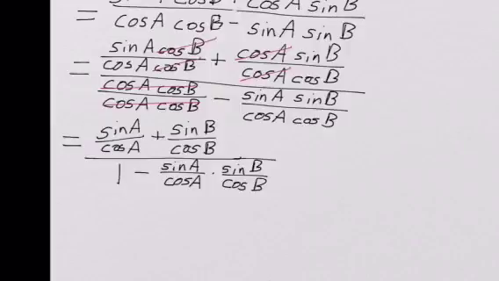And now we're going to use the quotient identity that we started this whole thing with, that says sine over cosine is equal to tangent.